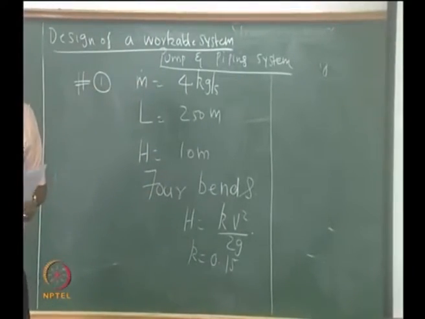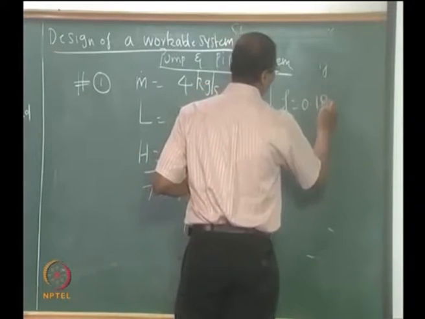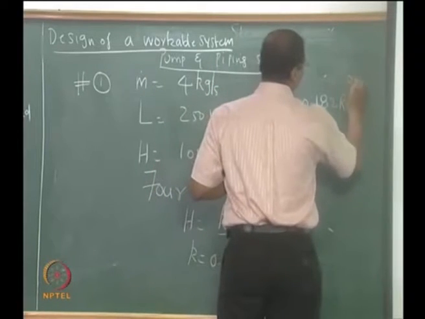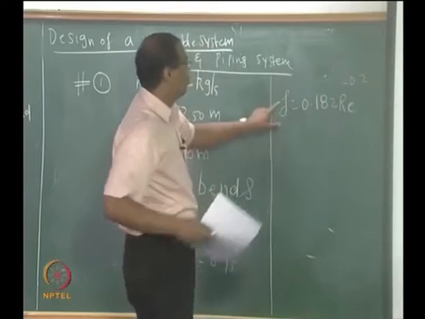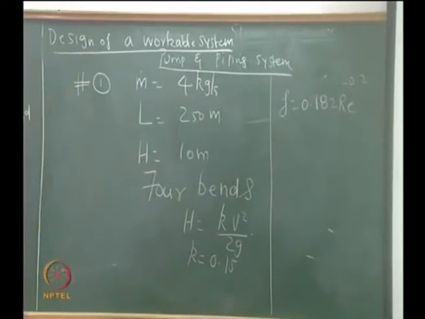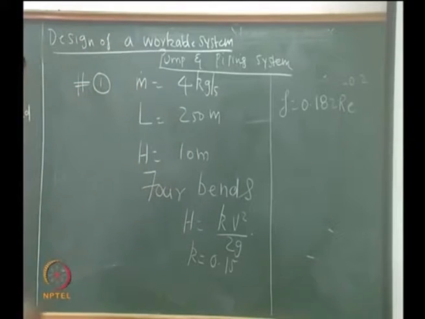The friction factor for turbulent flow is given by f equal to 0.182 Reynolds number to the power minus 0.2.